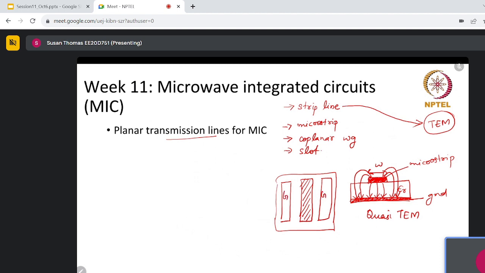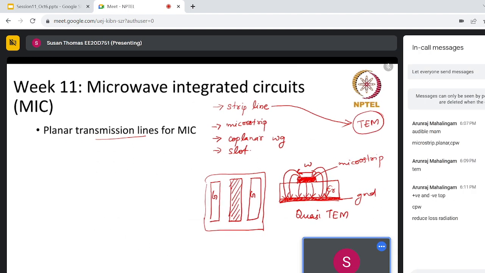So what is the advantage of having these coplanar structures? Any idea why this is beneficial? Okay, reduce the radiation loss. That is one thing. Yes, please go ahead.